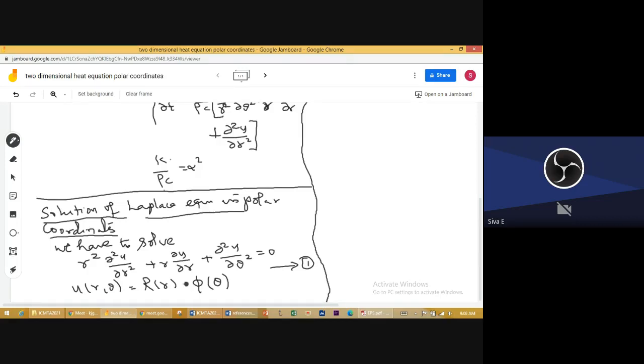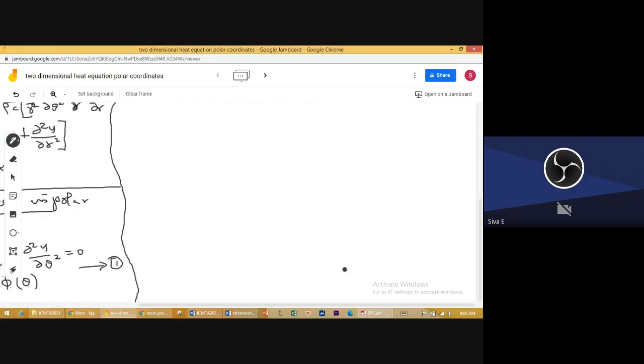Actually, it is not pi, capital theta is there, but instead of writing this, I am simply writing pi. So u equals R of r into pi of theta. Here u is a function of r and pi separately. That means R is a function of r alone, pi is a function of theta alone.